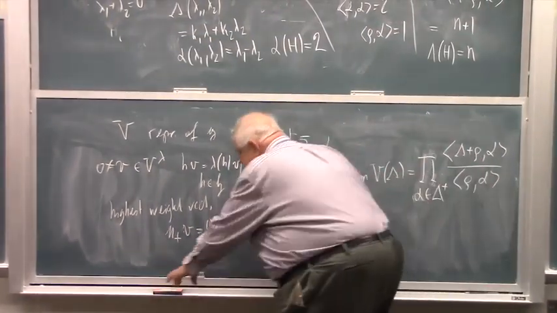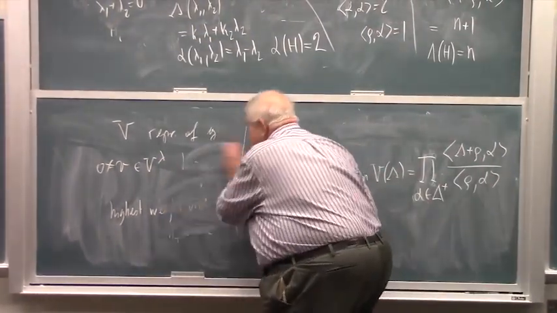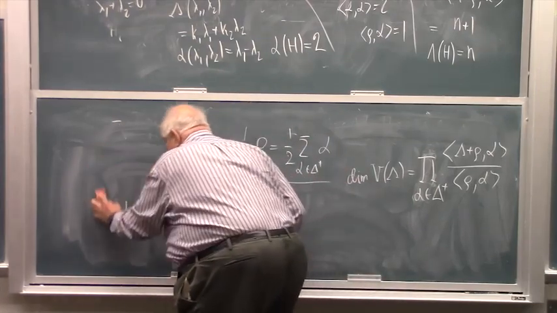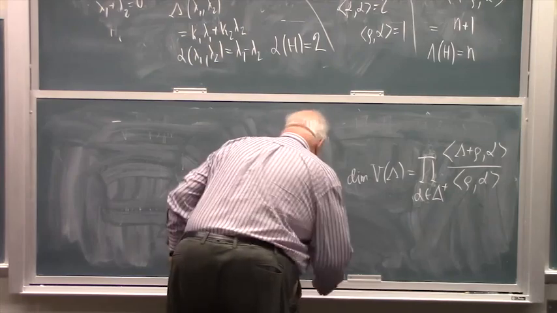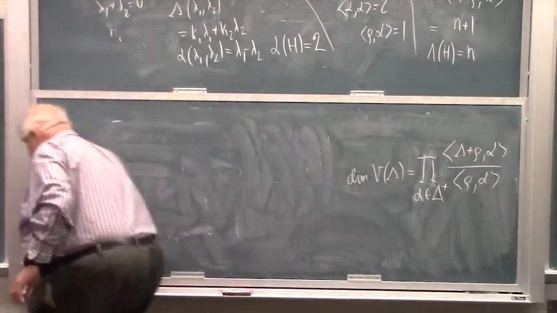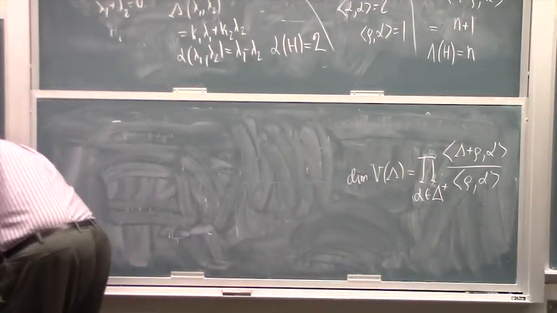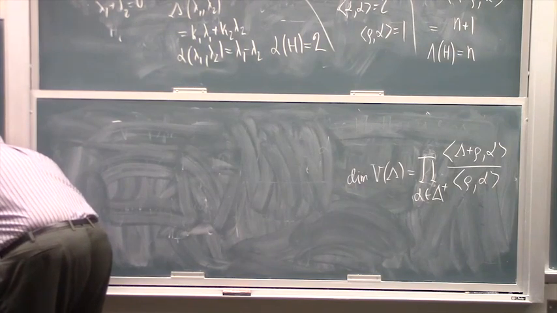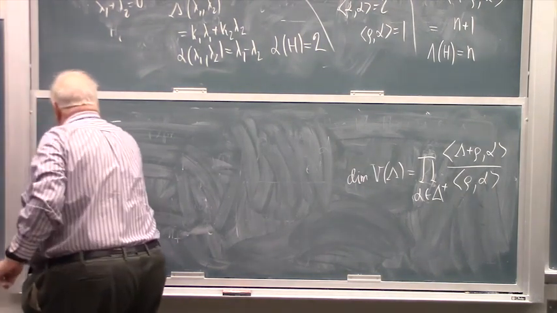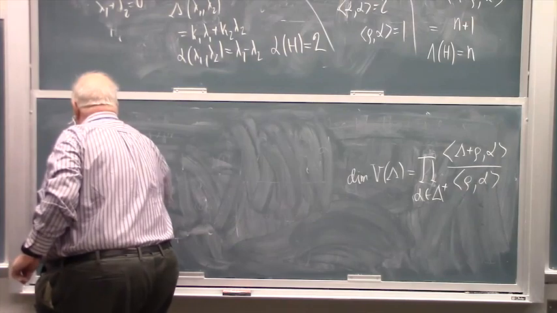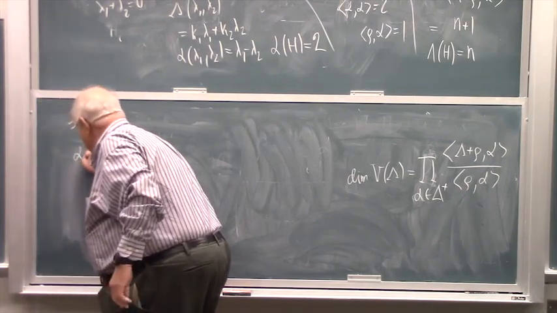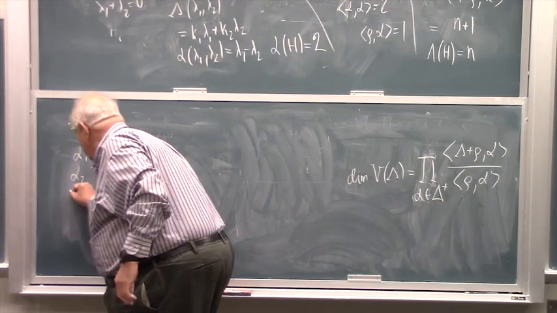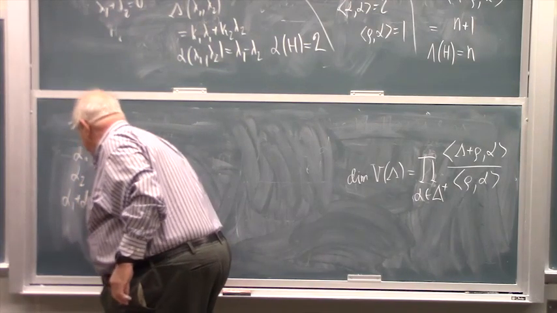So if you have SL3, for example, then there are 3 positive roots. I prefer to know them as alpha 1, alpha 2, and alpha 1 plus alpha 2.